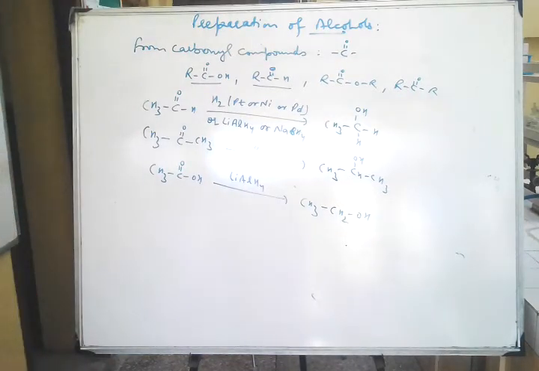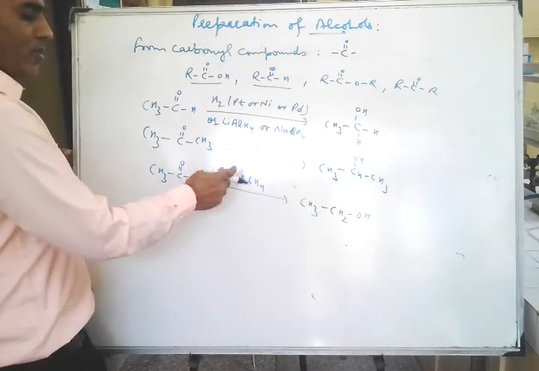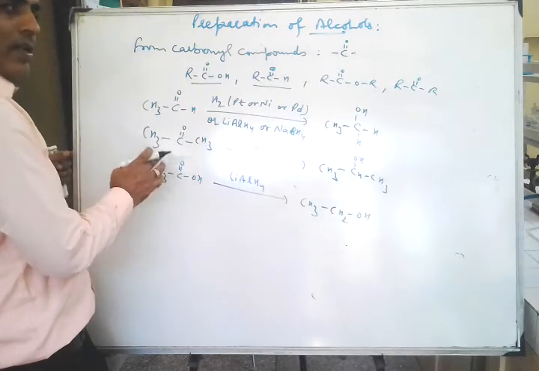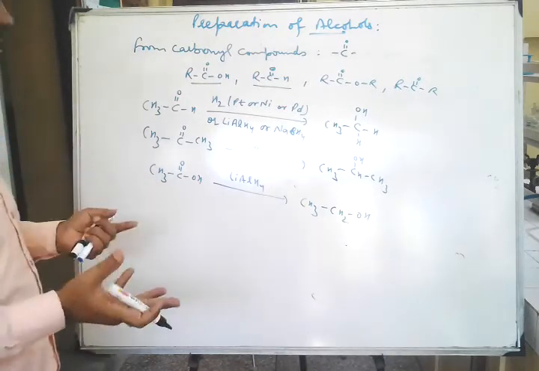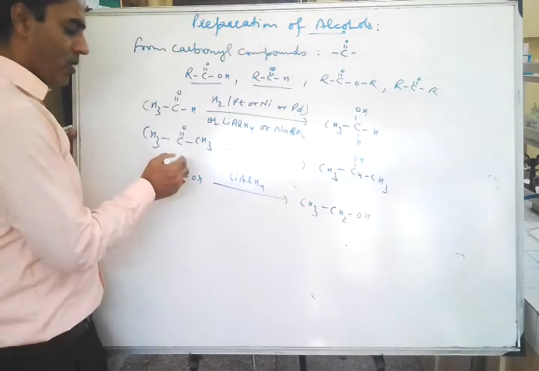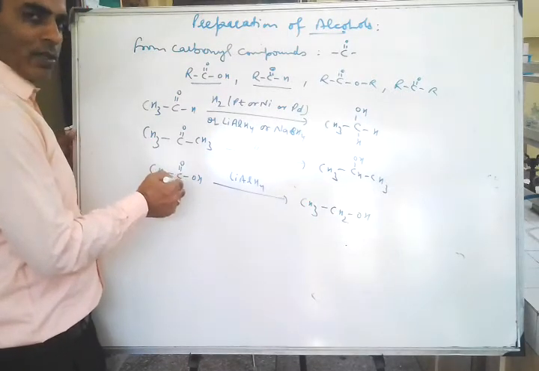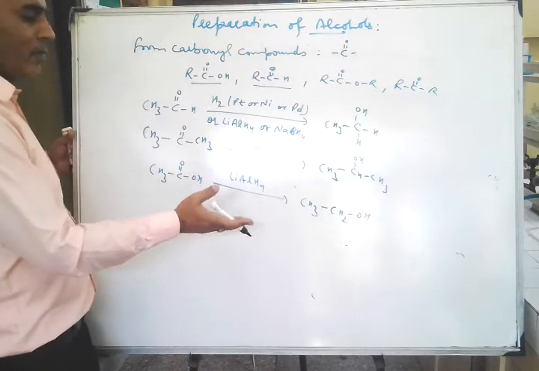Right? So here is reduction. This is the reducing agent. So this is causing reduction here. And reduction involves addition of hydrogen and removal of oxygen. So remove oxygen and then add hydrogen here. So you will get alcohol, right?